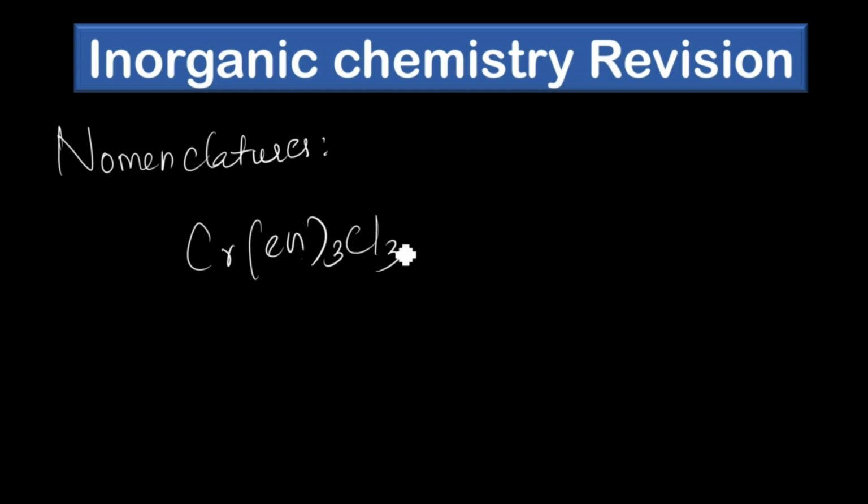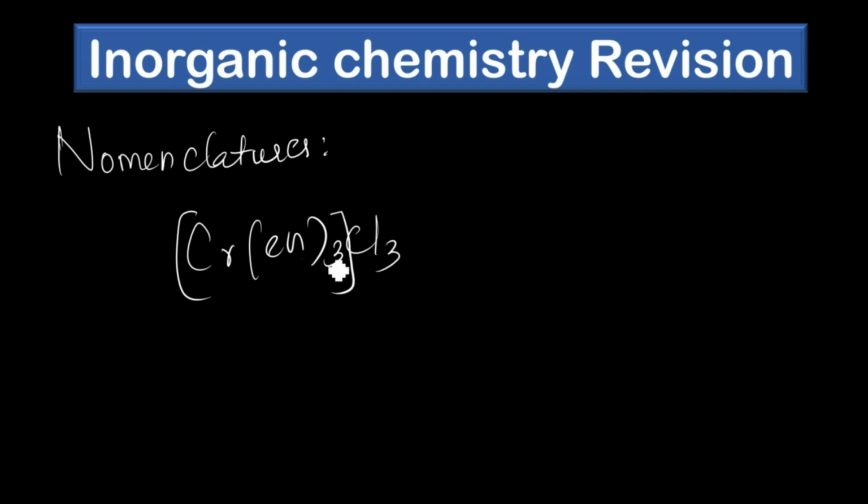There is one ligand over here. What is this ligand? Ethylenediamine, which is a bidentate ligand. So how to name this? First of all, the cation part of the given structure must be named first. Which is the cation? Our coordination complex, because chlorine outside the sphere is negatively charged.